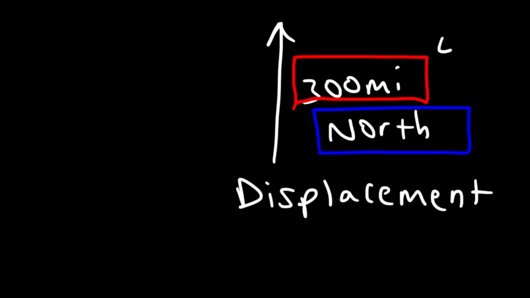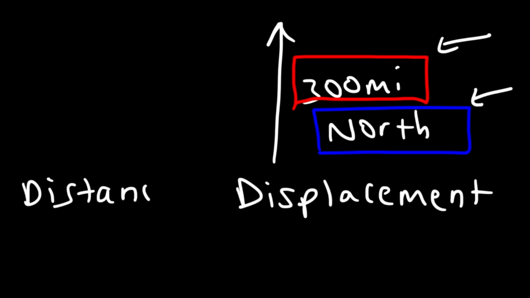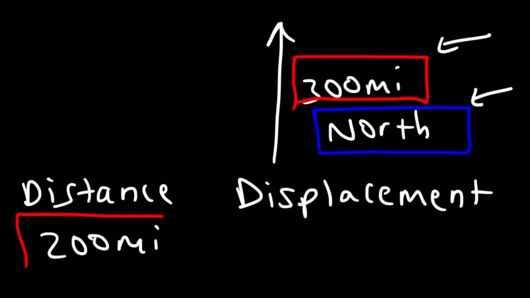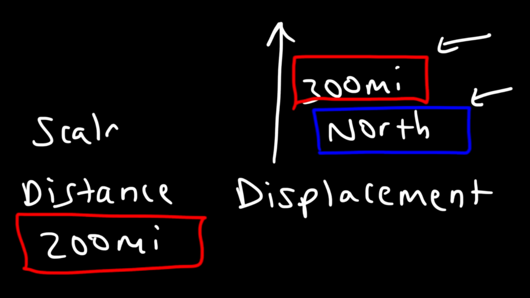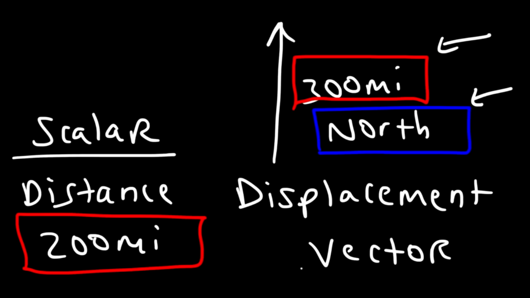It has both magnitude and direction, whereas distance is a scalar quantity. It only has magnitude, such as 200 miles, without any direction. So make sure you understand the difference between a scalar quantity and a vector quantity. A scalar quantity, as we said before, has magnitude only, but a vector quantity has magnitude and direction.